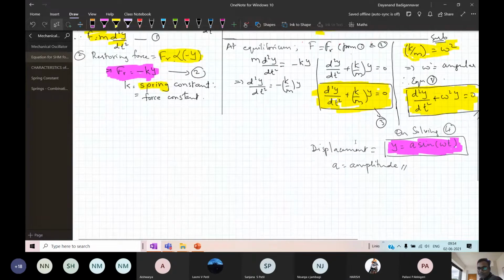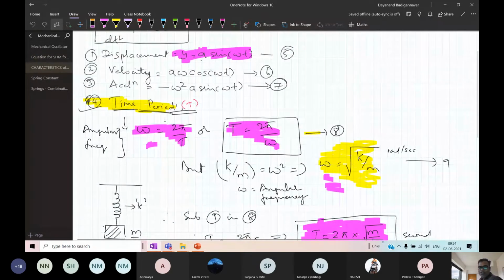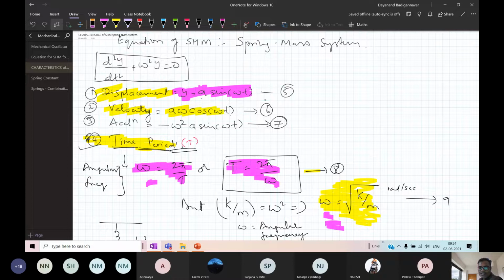After that, we have evaluated the displacement Y. Then we discussed the characteristics. All the characteristics are the same for all SHMs. First we evaluated the displacement, then the velocity of the vibrating particle, that is equation number 6. Then the acceleration of the vibrating particle, equation number 7.